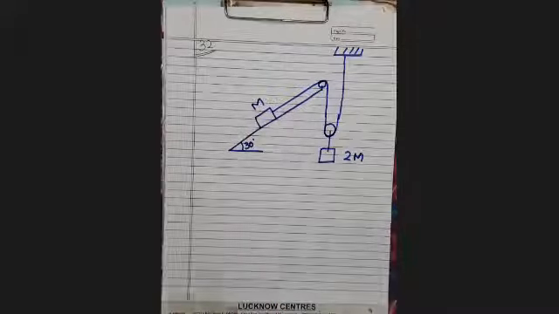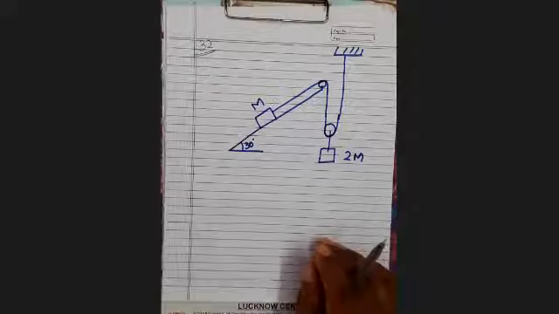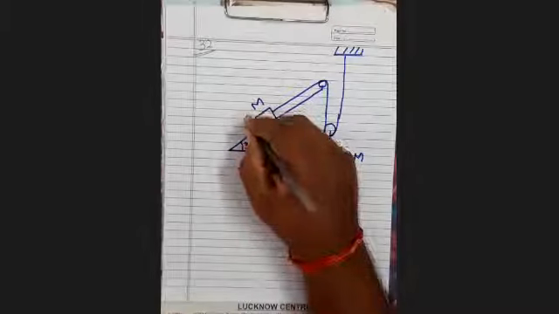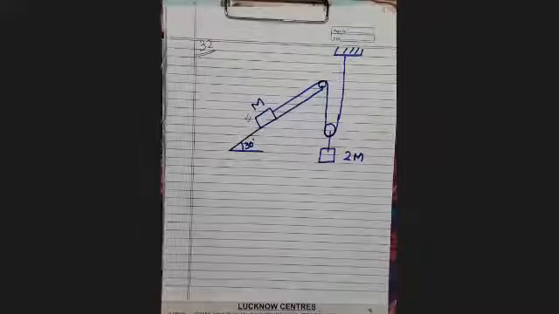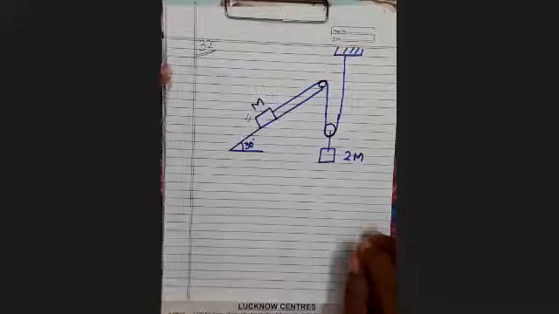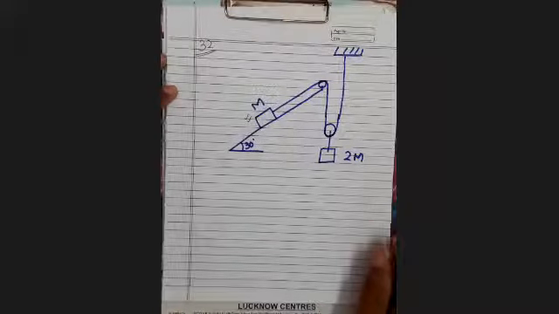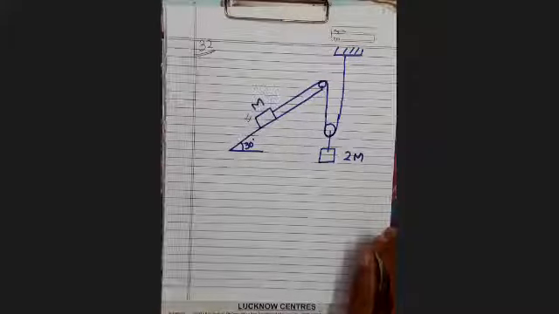Now you have to find the acceleration of the mass m. This is also the motion of connected bodies, but here there is a difference.